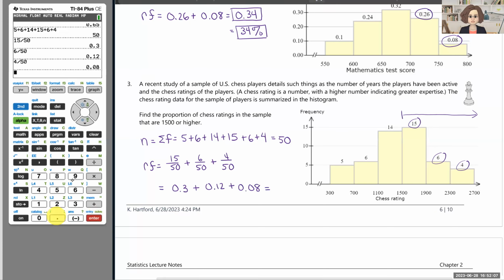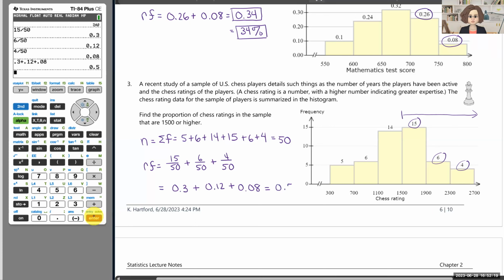And then we just add those relative frequencies together. All right, and that comes out to be 50%, 0.5. So 0.5 or 50% of players have chess ratings 1500 or higher.